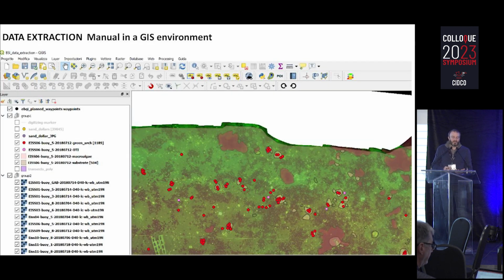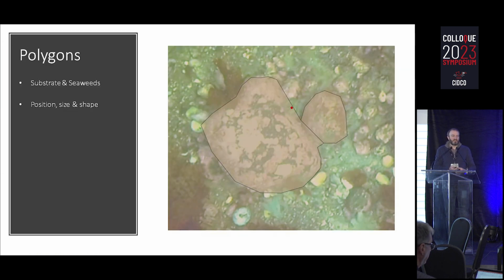The data extraction so far has been done manually in a GIS environment, where we used polygons, for example, for things like rocks or macroalgae. But it's a really long process to digitize the rocks, and it is also subject to some subjectivity, because you need to decide which rock you want to digitize and which not.